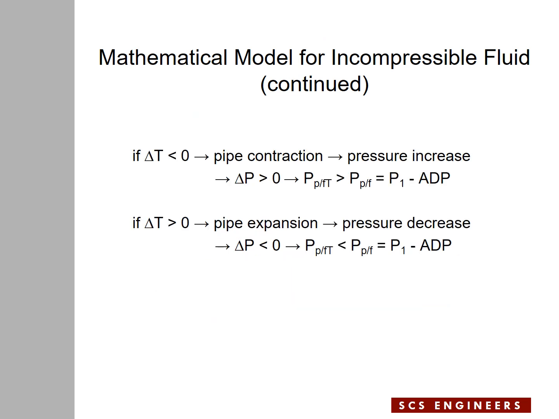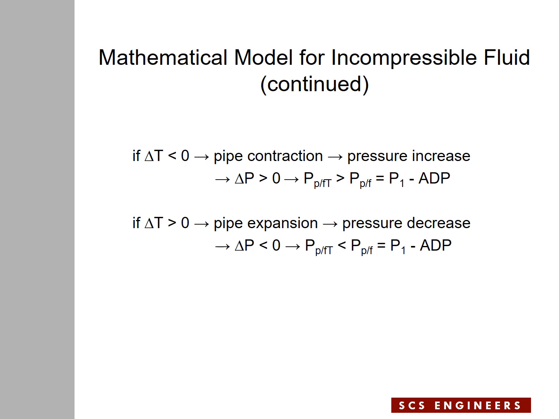Now overall we have two cases. If delta T is less than 0, meaning we have a temperature drop, it means we end up with pipe contraction, and we end up with a pressure increase inside the pipe. Pressure increase means delta P is greater than 0, and as a result, the pass-fail pressure considering temperature will end up greater than the pass-fail pressure without the temperature consideration.